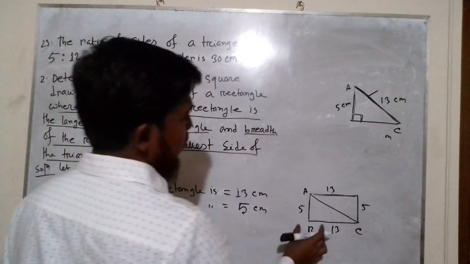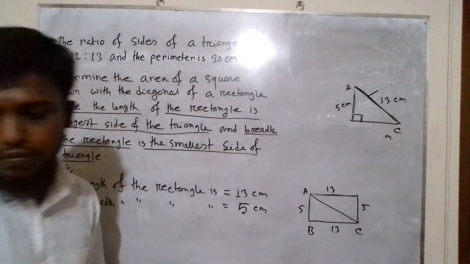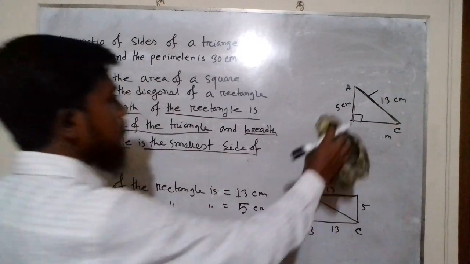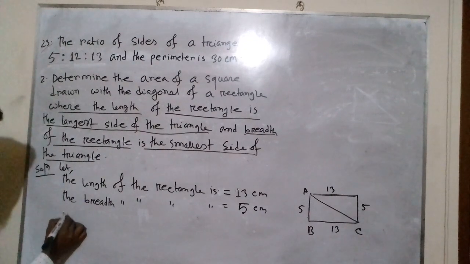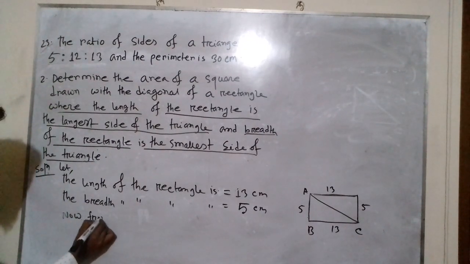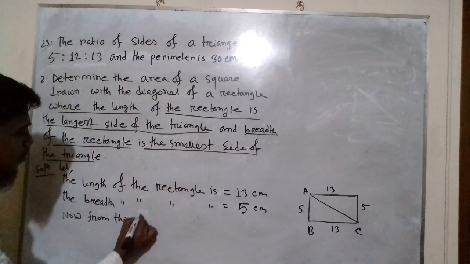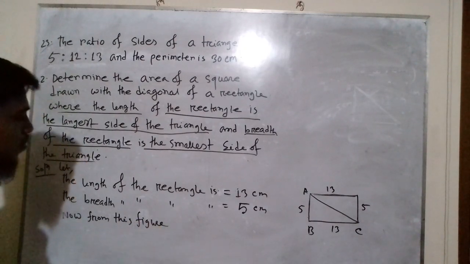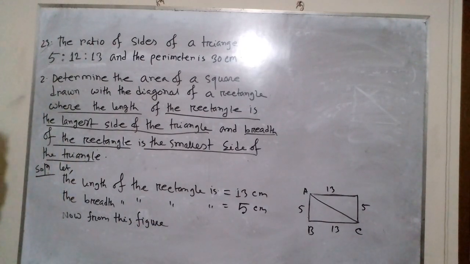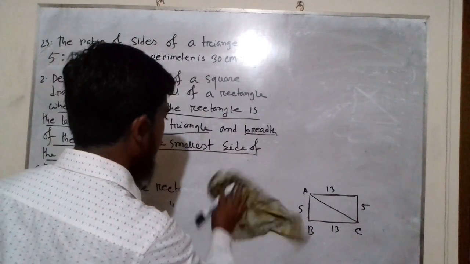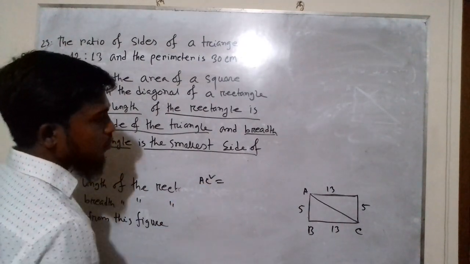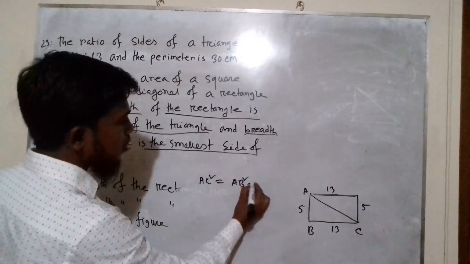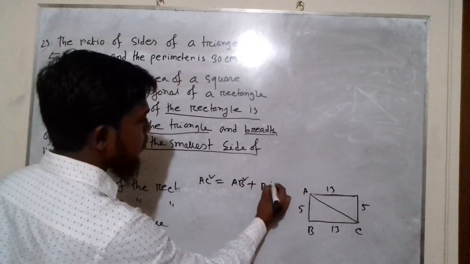So now from this figure, AC square equal to AB square plus BC square.